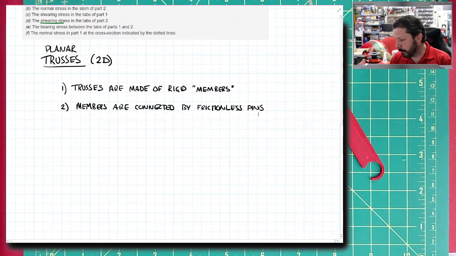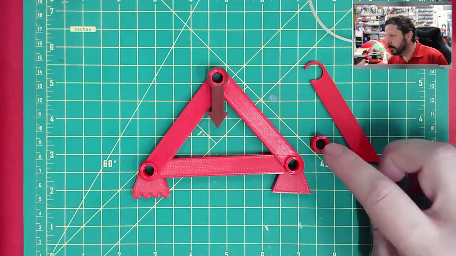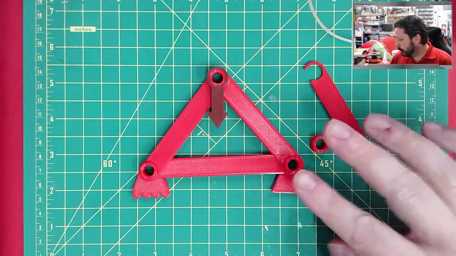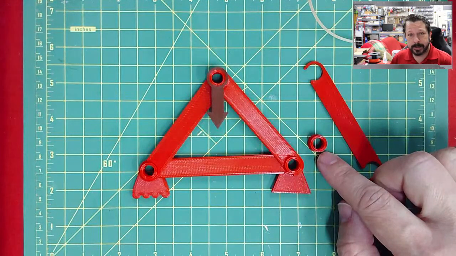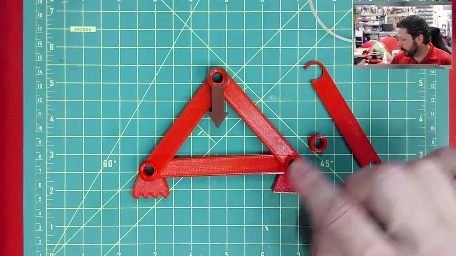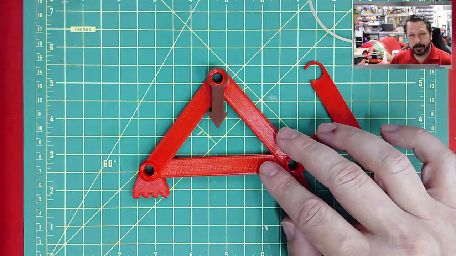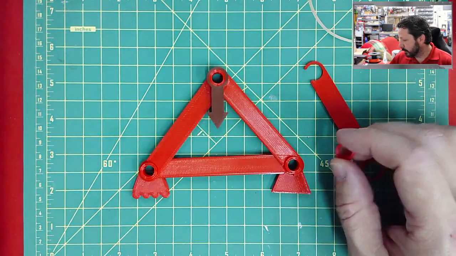Now, in our one here, the pins would be these little circles, they kind of look like pins. Some trusses actually do have bolts or pins like this. A lot of times you might see a truss and there's a plate called a gusset plate over all the connection points. That is obviously not a pin.